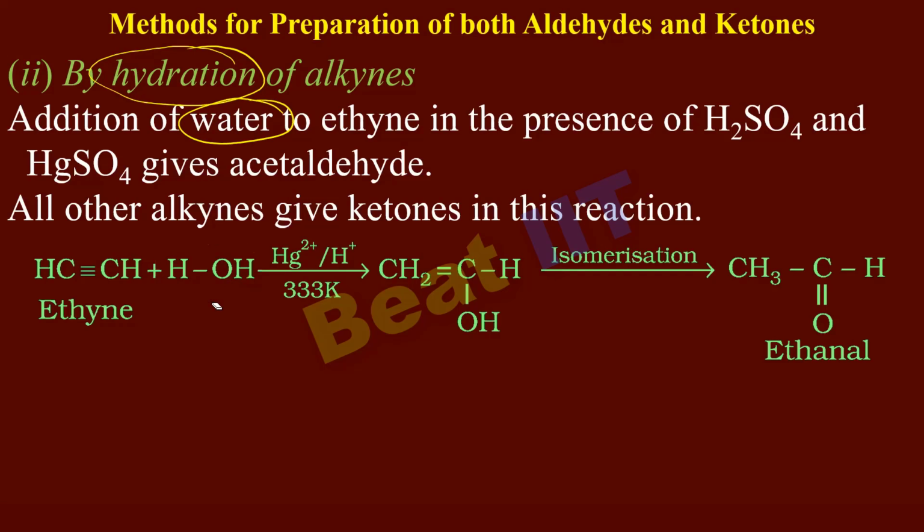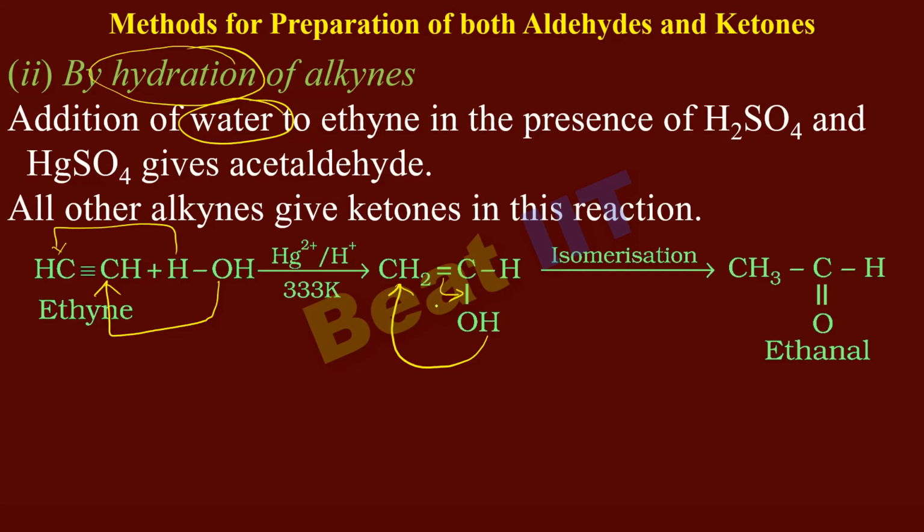So what happens? Hydrogen gets attached on one carbon and OH gets attached on another carbon. And obviously, one bond breaks from here. So the triple bond gets converted to double bond. After that, isomerization takes place. Means this hydrogen moves from here to here. And obviously, double bond will move from here to here.